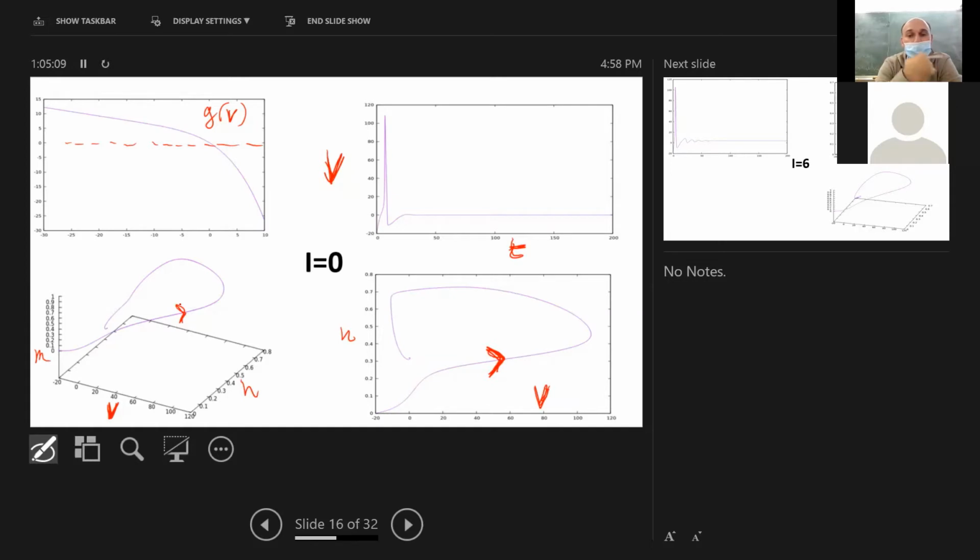You cannot represent all the variables here because we can only see 3 dimensions. But here I pick, for example, m, v, and n, and I plotted them, and you see that you are going towards the stationary solution. There's only one. So the solution that we computed in the exercise, the trajectory here is going to the stationary solution. So it's there.